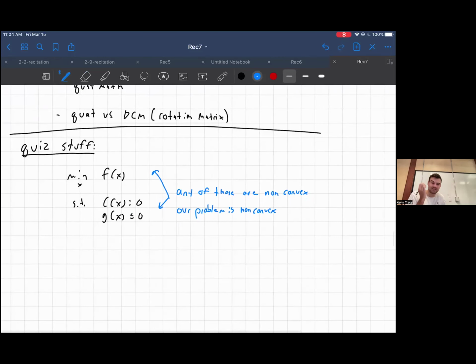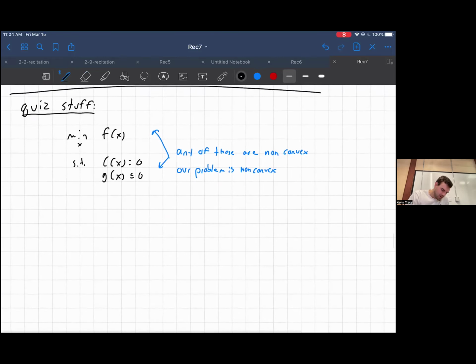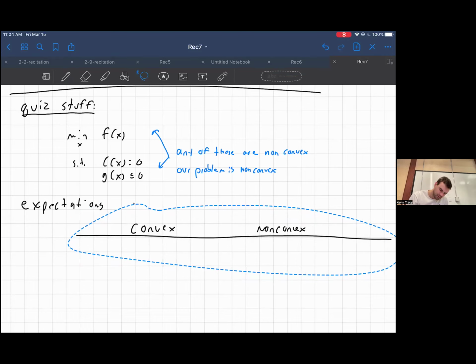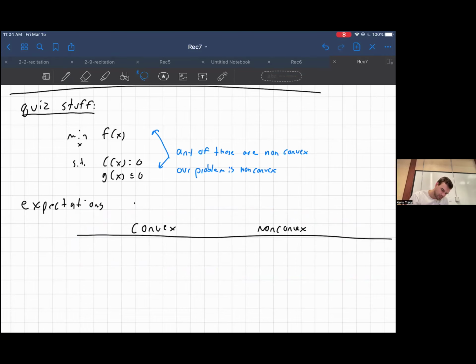Let's go over our expectations of what we do when we send things off to a solver. Here on the left, we'll do convex, and on the right, non-convex.